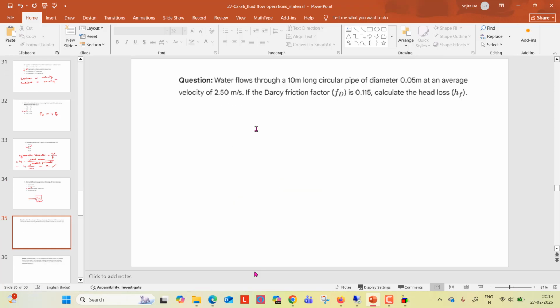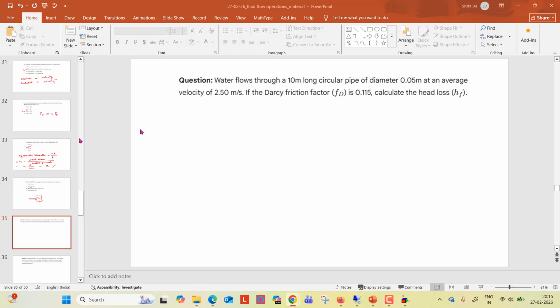Now some mathematical questions. Water flows through a 10-meter long circular pipe of diameter 0.05 meter at an average velocity of 2.5 meter per second. The Darcy factor is 0.115. Calculate the head loss.